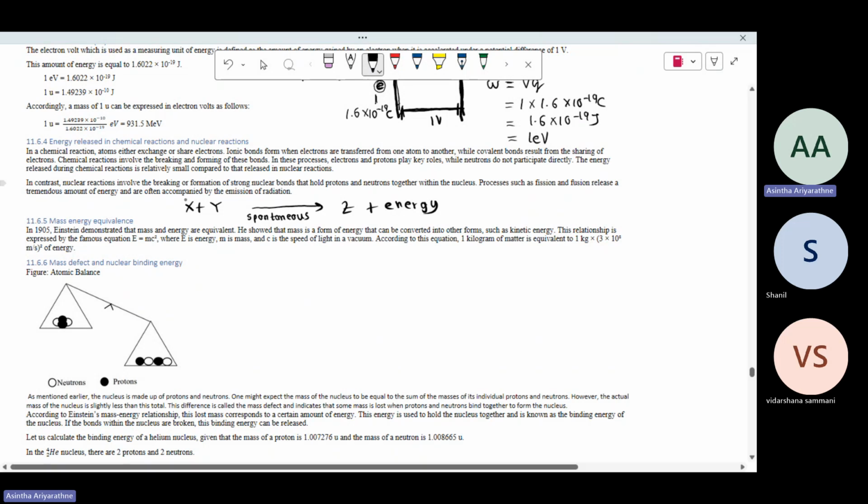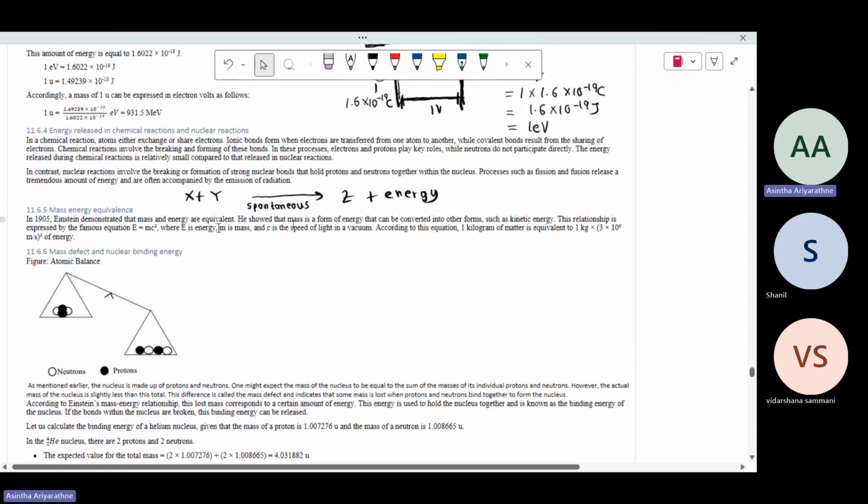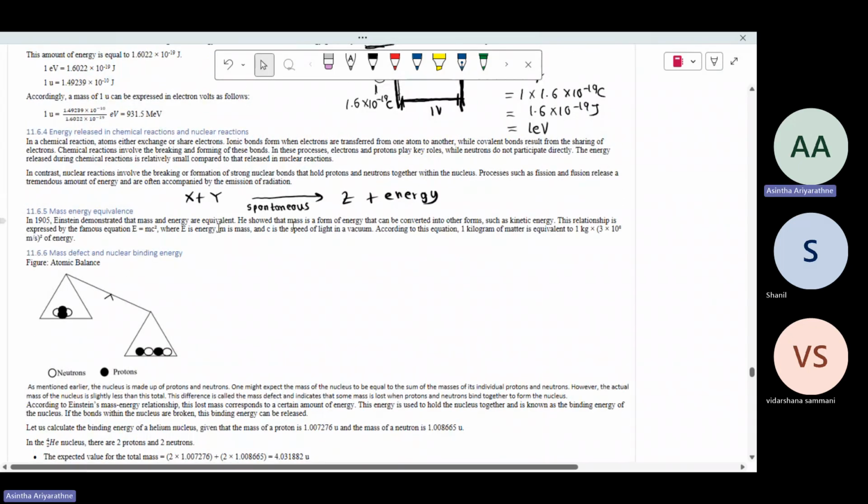Chemical reactions happen in between atoms, for example between hydrogen and helium, or sodium and chlorine.